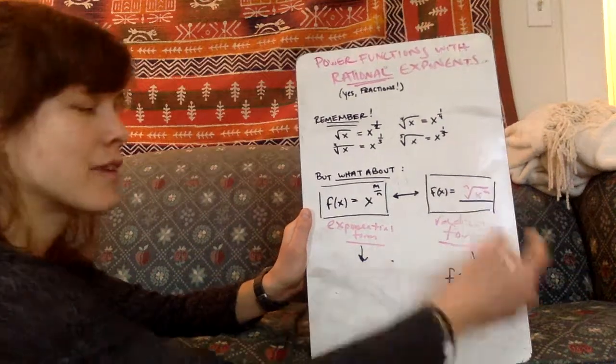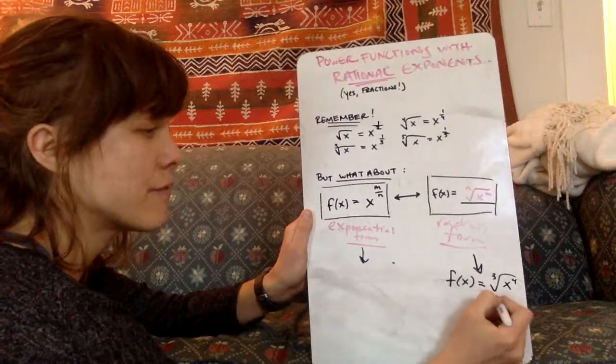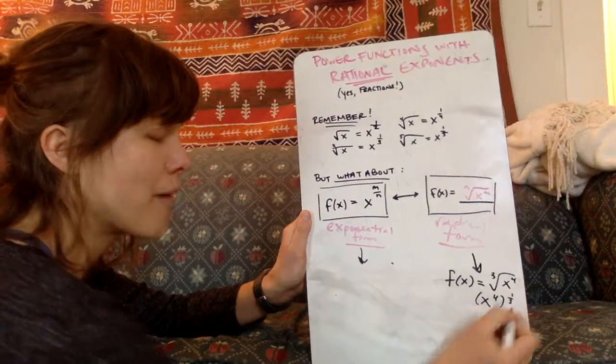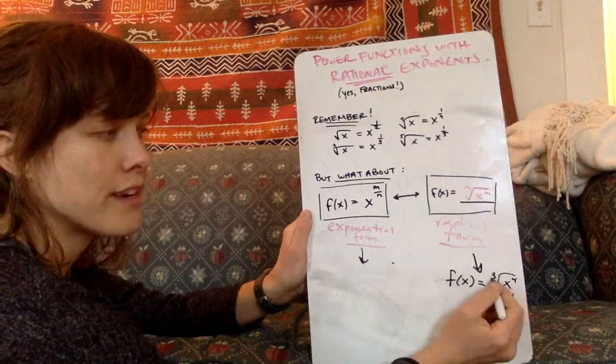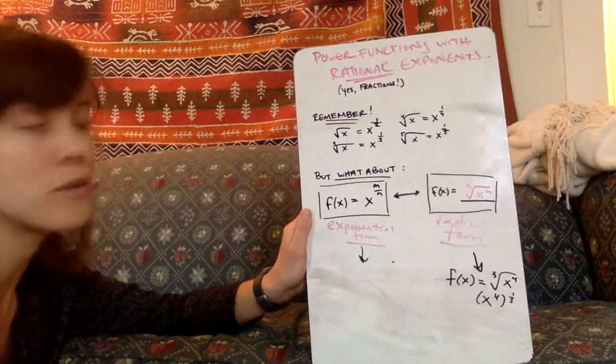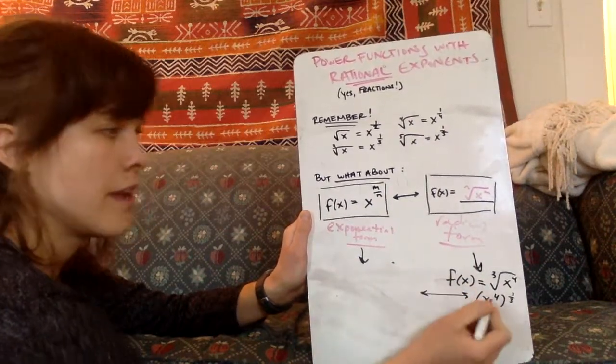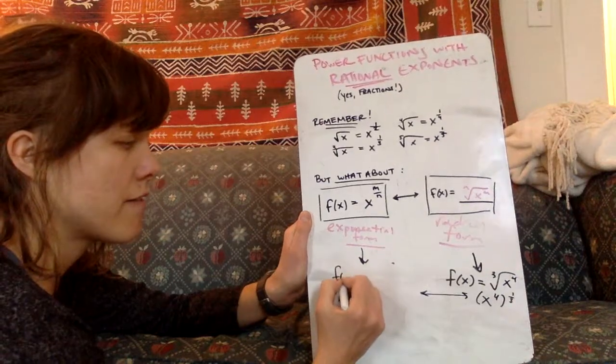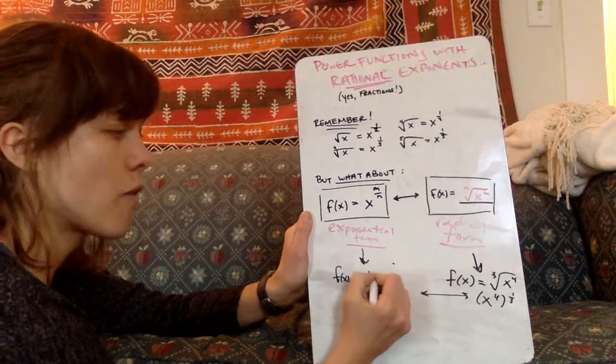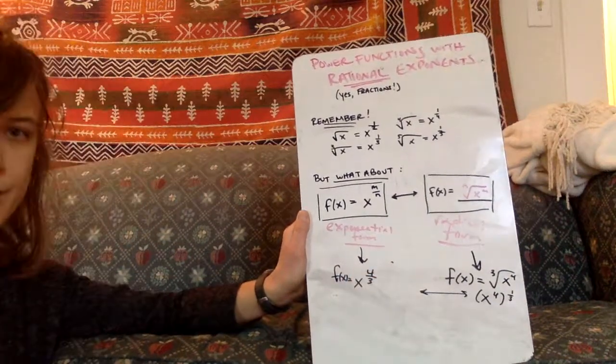Well, I can rewrite this as x to the fourth to the 1/3 power, because x to the fourth here is being raised to the cube root, or the 1/3 power. And then when I multiply those out, it becomes f of x equals x to the 4/3.